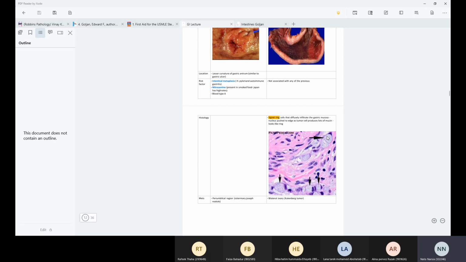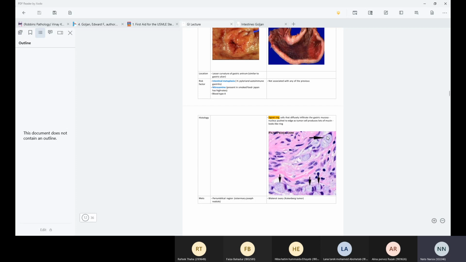Signet ring cell in general is a sign of undifferentiated tumor. You might find it in the ovary, in the intestines, everywhere actually. But in linitis plastica, we also have this tumor with this name, signet ring cell carcinoma of stomach. And that is the diffuse type of tumor.